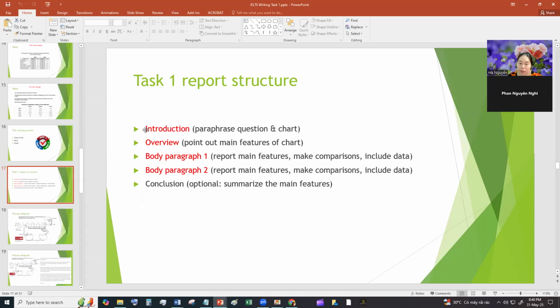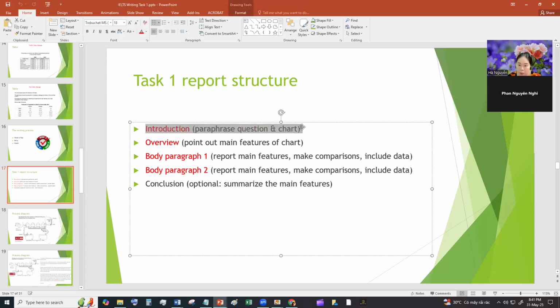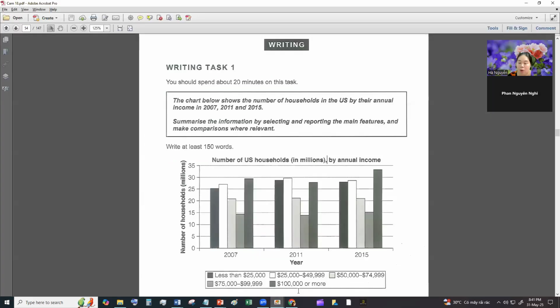Okay, so introduction, point out the 3 W's, okay? Overview, point out the most prominent feature, the main ideas of the chart, and body 1 and 2 or 3. Yeah, you divide your data into groups, and you report the main features, including comparisons and data where relevant. Now, with this, I would advise you, well, there are two ways, actually.